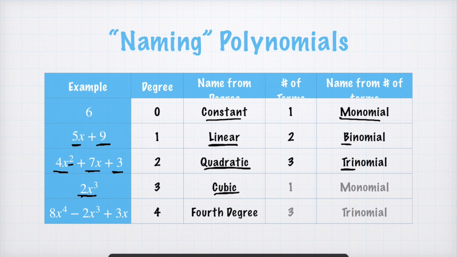Here we have 8x to the fourth, so our greatest power is 4, which means its degree is 4. And we get lazy after this. We just call it fourth degree. Anything after this, you just use its name, like fourth degree, fifth degree, 907th degree. That's just what you're going to do. And since it has 3 terms, we go back to our trinomial.